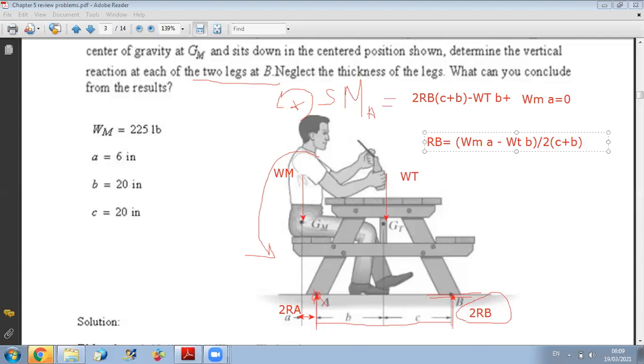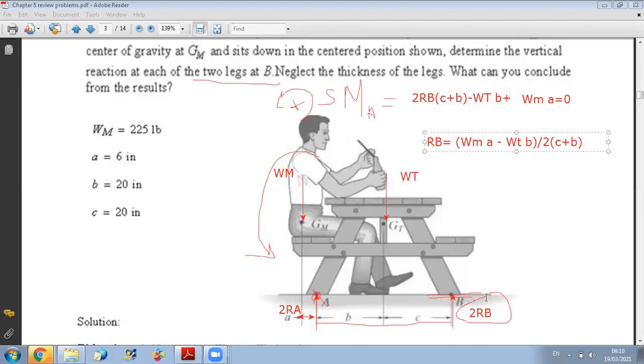What is the condition to maintain contact at B? Can you have a negative reaction at B? Yes, it should be upward, because to have a reaction between the two, it should be positive.